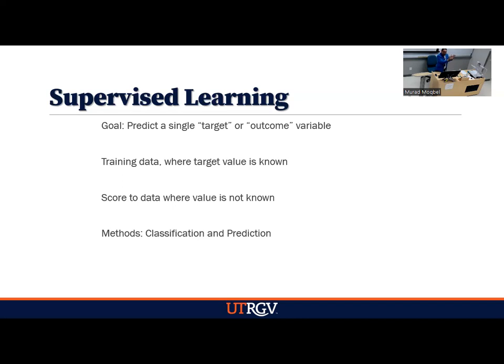We don't want to spend money on people who are going to donate just a very little amount, right? But you got the idea of how we can benefit. If the target variable is the amount of money that can be donated, we call that estimation or prediction. And when the target variable is categorical, we call that a classification problem, right?